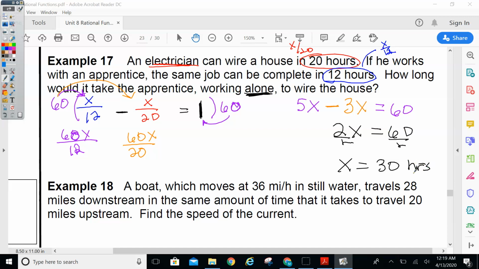So again, make sure it makes sense. If together it takes them 12 hours, why would it take the apprentice a short amount of time? If you add them, you're going to get a shorter number here. That doesn't make sense. So when they work alone, the alone time should be more than the shorter times combined. Okay, so just check your answers in the end, make sure they make sense.